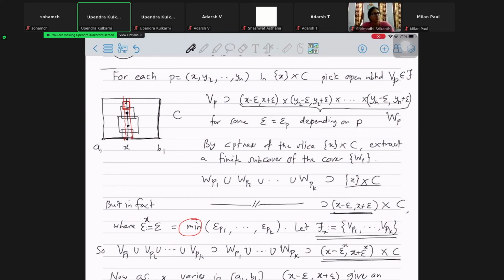What will take the place of the W's is still going to be a Cartesian product, because arbitrary open sets in X cross Y are unions of open cross open. So if I'm given some point in an open set, then it will have a neighborhood of the type open cross open.